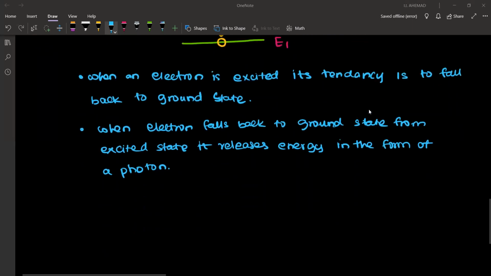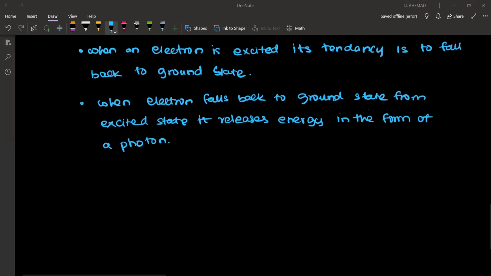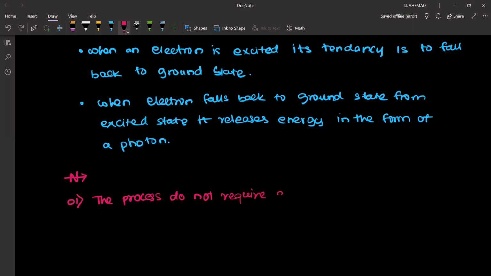So below this, let's write a few notes. Did this process require any energy? Did we provide any external energy? No, right? For absorption, we provided external energy, but for spontaneous emission, we do not provide any external energy. So the process does not require any external energy source.